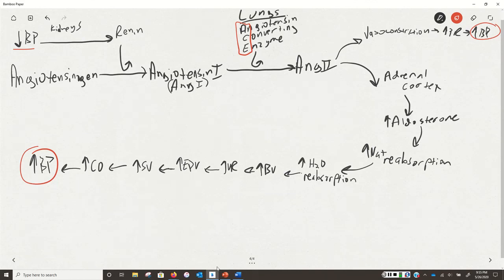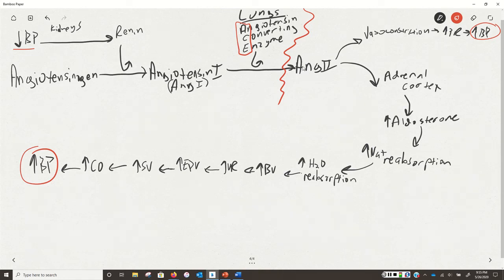Now, if we have someone take an ACE inhibitor, well, ACE inhibitor inhibits ACE. And if we inhibit ACE, then we stop Ang2 from being made from Ang1.